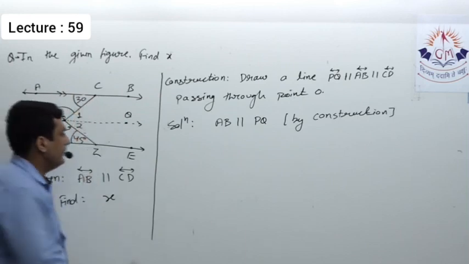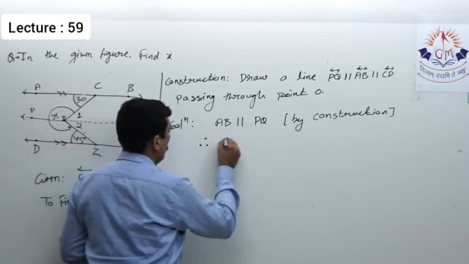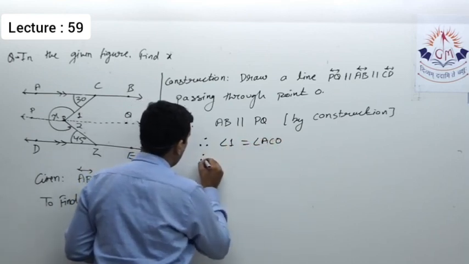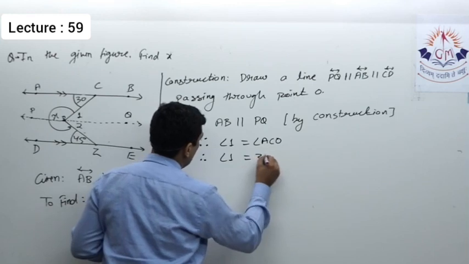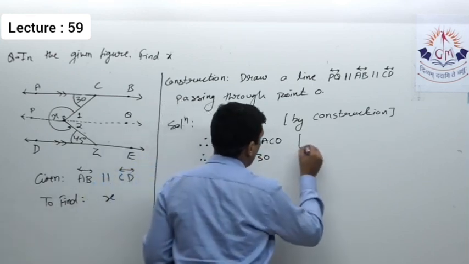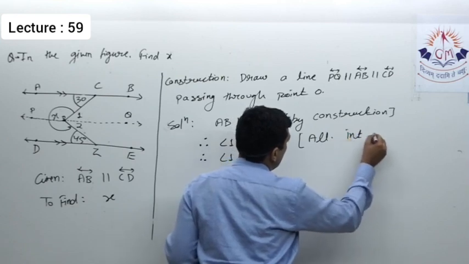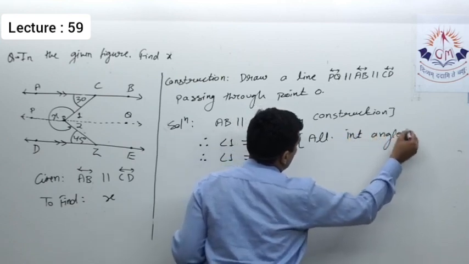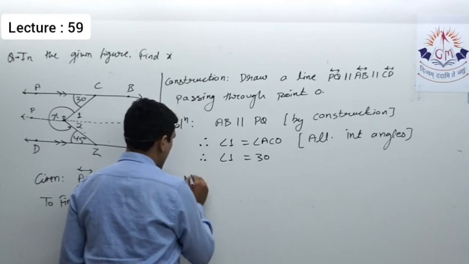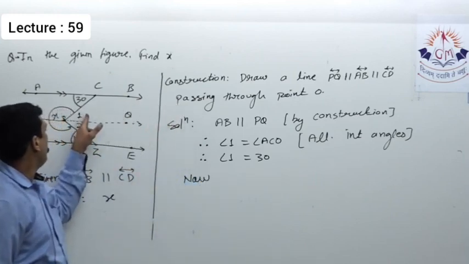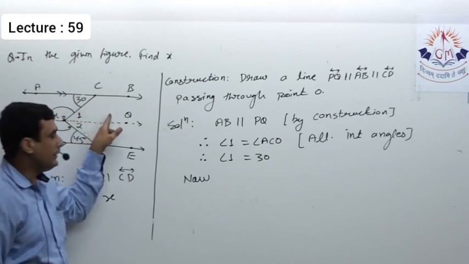Therefore, angle 1 is equal to 30 degrees. Why is angle 1 equal to ACO? Alternate interior angles.